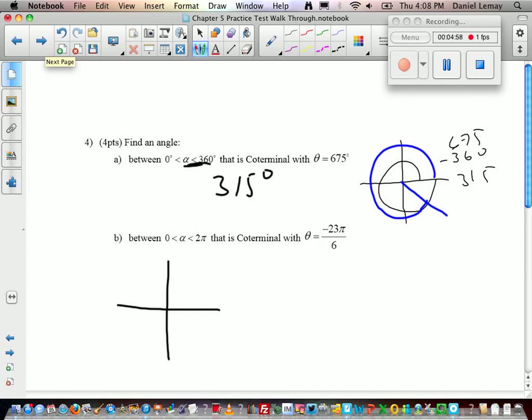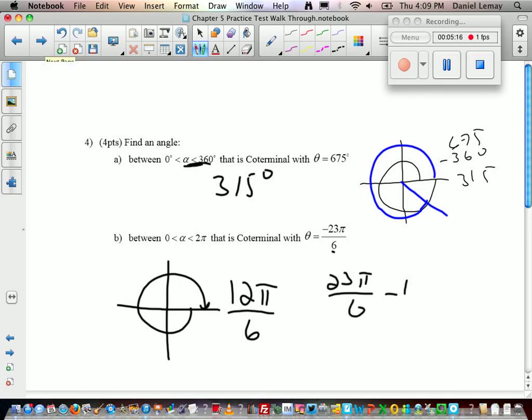Now how about something that's a negative 23 pi over 6? Well, negative, I'm going this way. That's 2 pi radians. Since this has a denominator of 6, isn't this 12 pi over 6? So what's 23 pi over 6 minus 12 pi over 6?